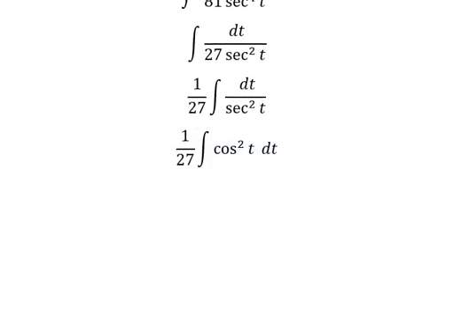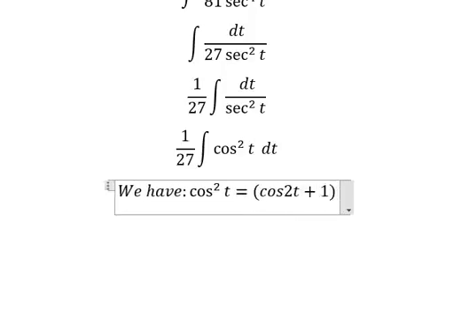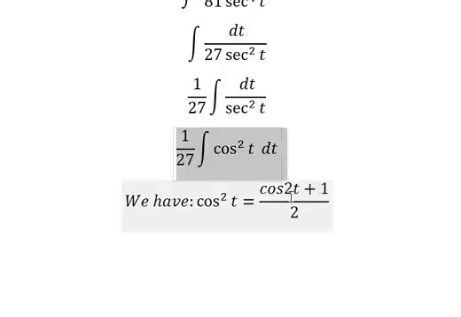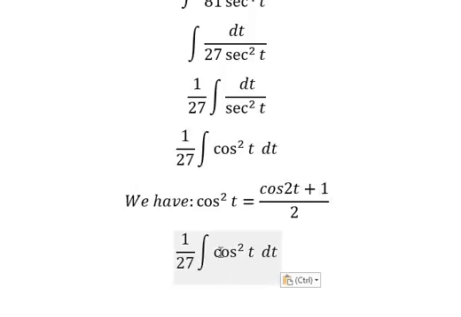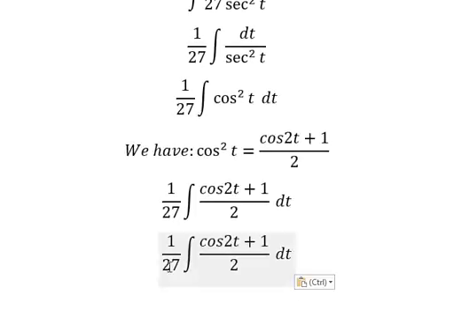Next, we have the formula in here. Cosine t square equals to cosine 2t plus 1 over number 2. And now we need to change this one into this one. So number 2 and number 27 we put outside, and we have 54.